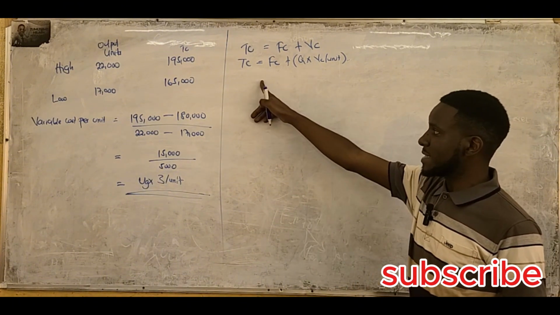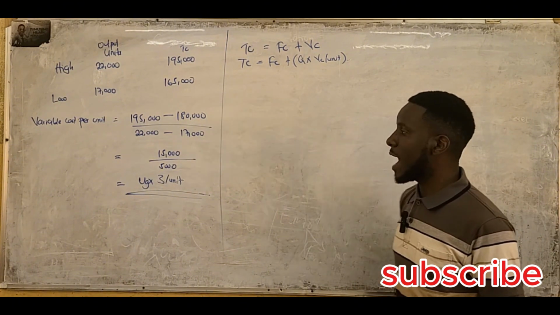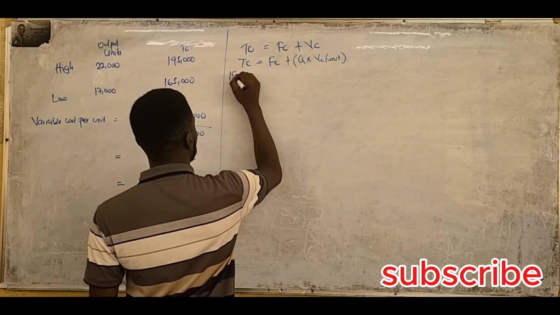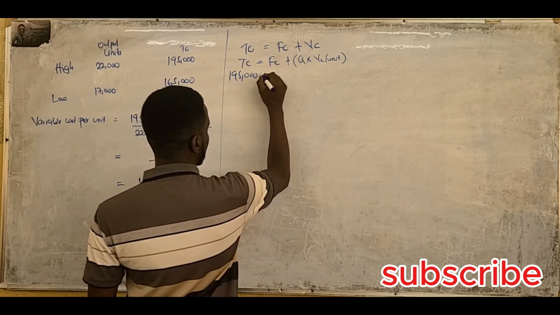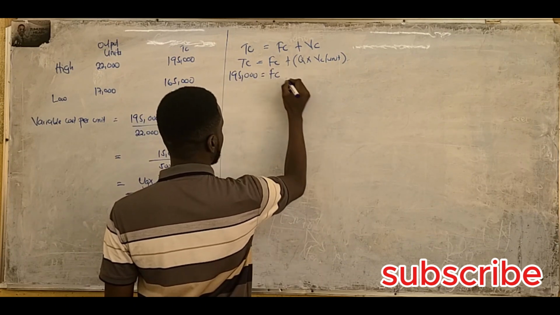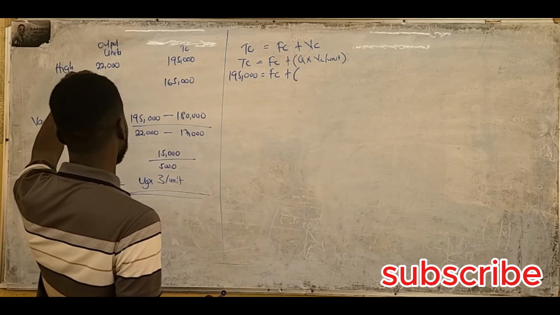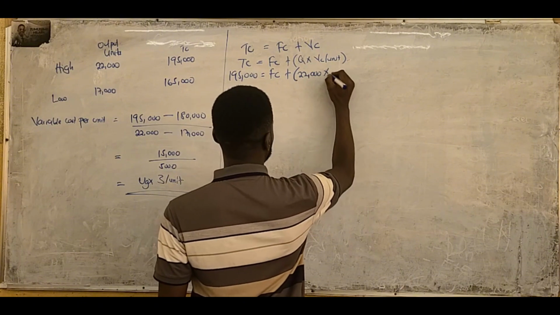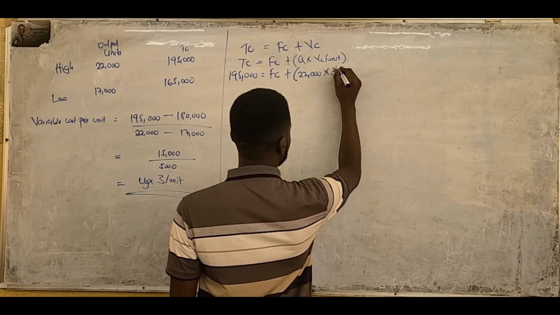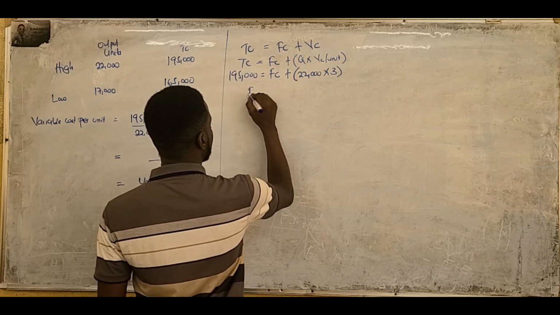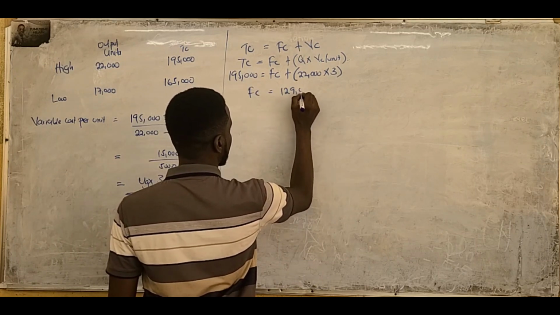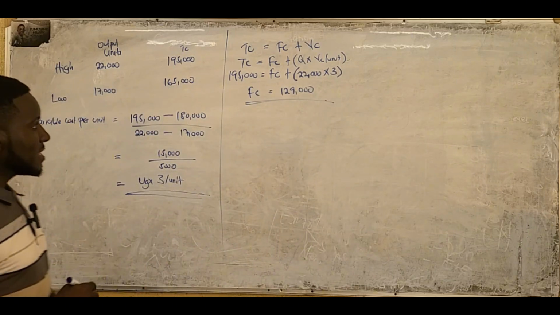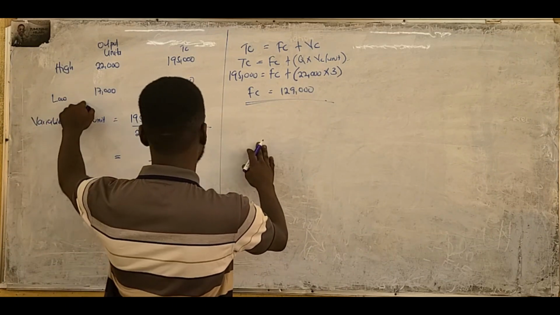Now let me start with the highest. So for the highest, we shall have our total cost as 195,000, equal to the fixed cost that we are looking for, plus the quantity associated, which is 22,000, multiplied by the variable cost per unit, which is 3. And therefore our fixed cost will be 129,000. Then we still calculate for the low.